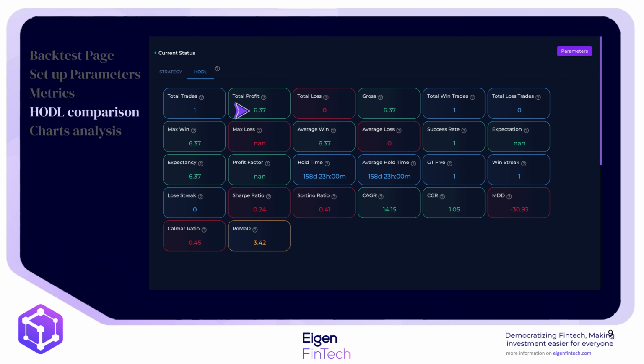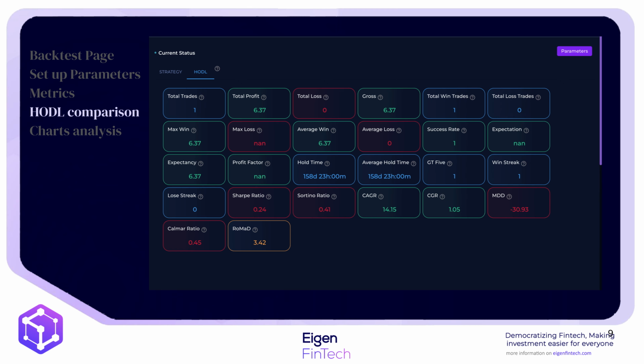Turns out your $100 would now be worth $106.37, a 6.37% gain without lifting a finger. Perfect success rate, 1 trade, 1 win. No stress about timing the market. But look at this. At its worst point, that investment was down 30.93%.